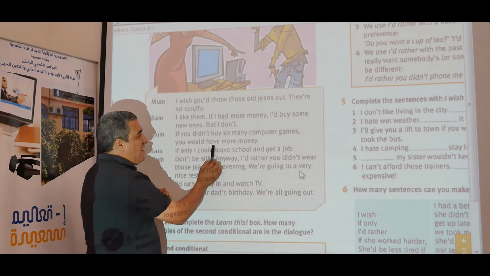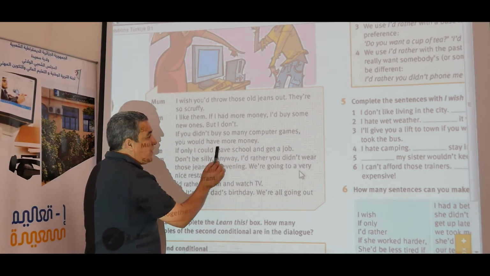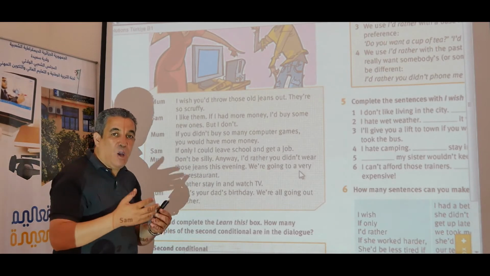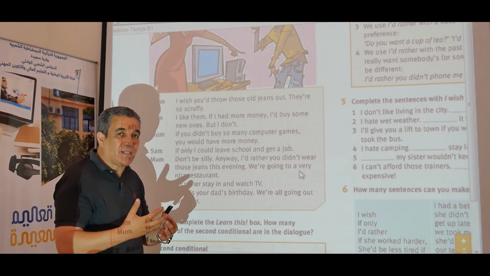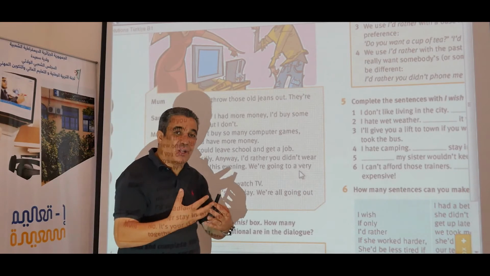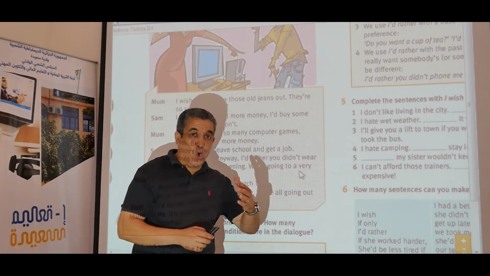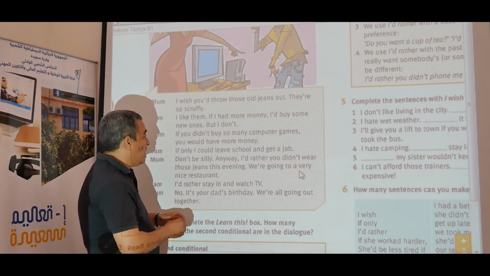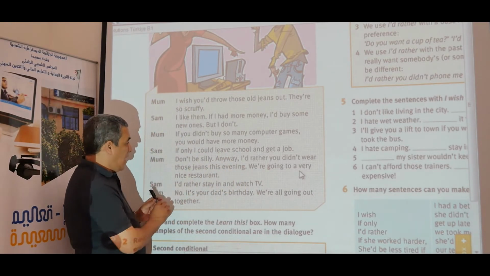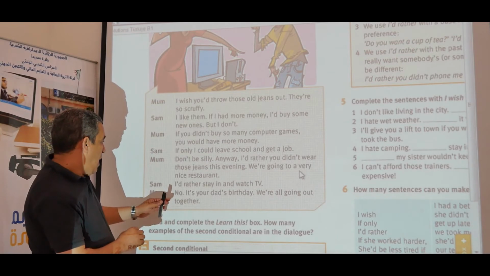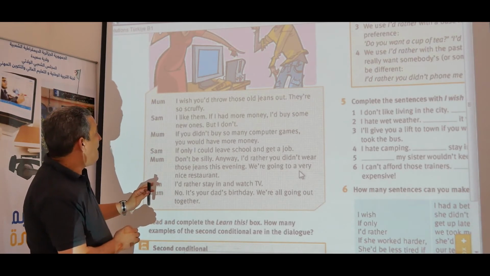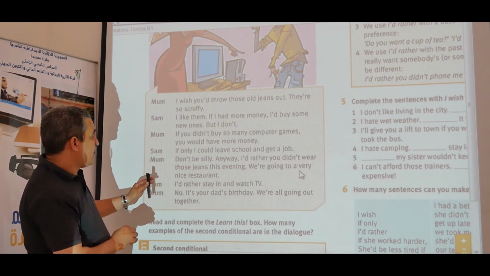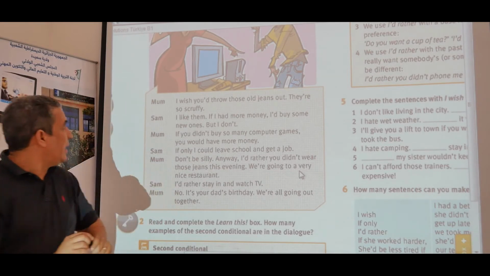You would have more money. So, would have in grammar is what we call the conditional tense. Remember, the conditional tense is formed with would plus the base form of the verb, or the infinitive.